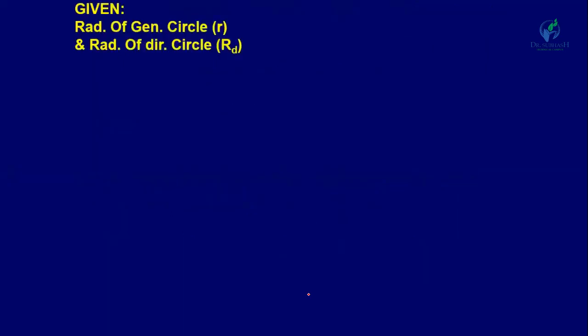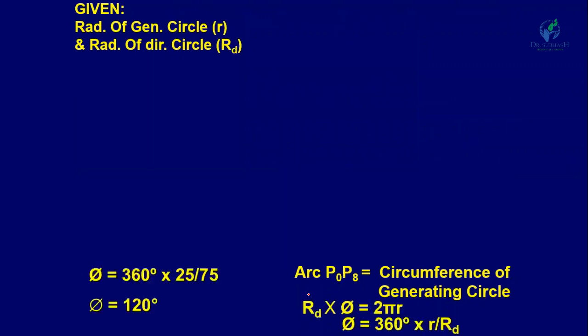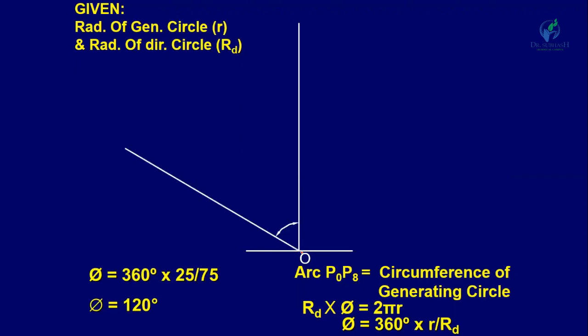Okay, now as per these four steps, first of all, we have already found the angle is equal to 120 degree. So point O. Now from point O, draw a vertical line and on both sides of this line, draw another line at an angle of 60 degree.